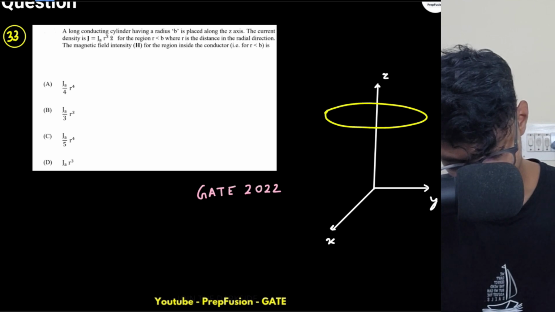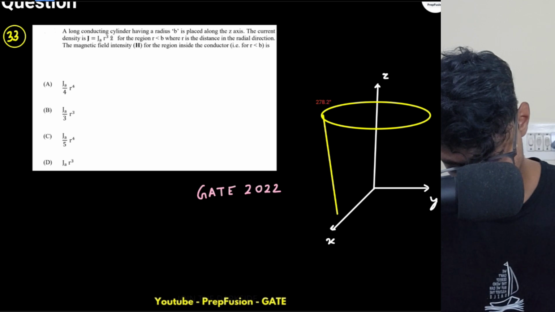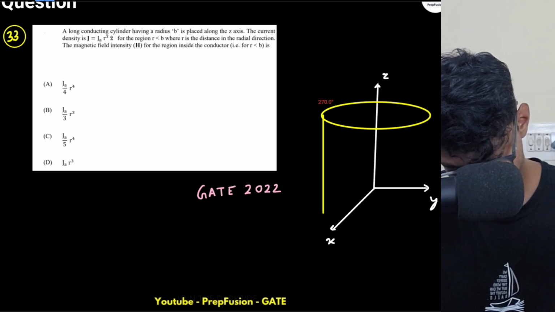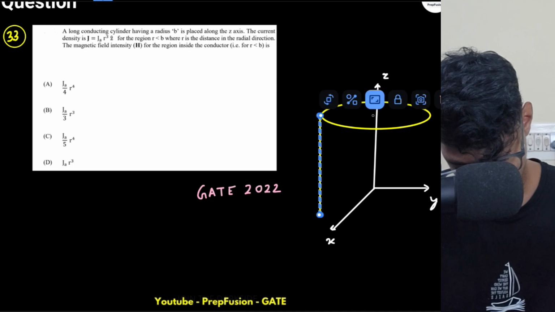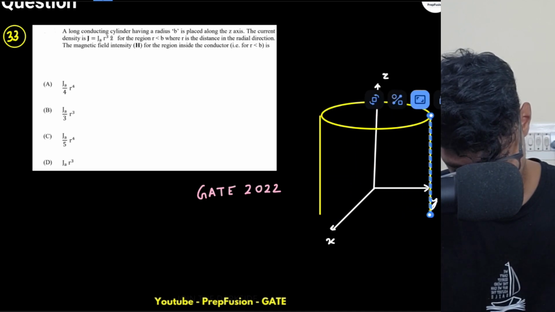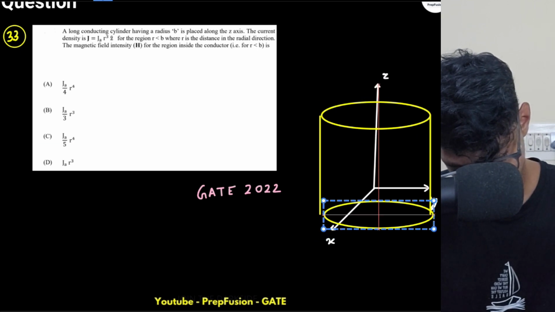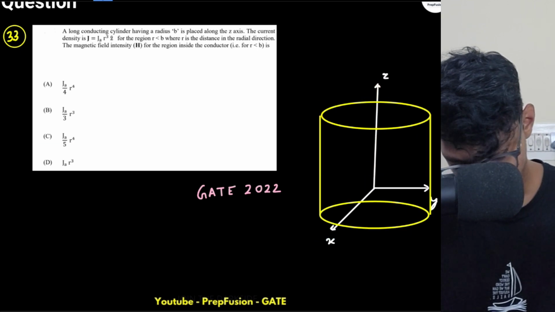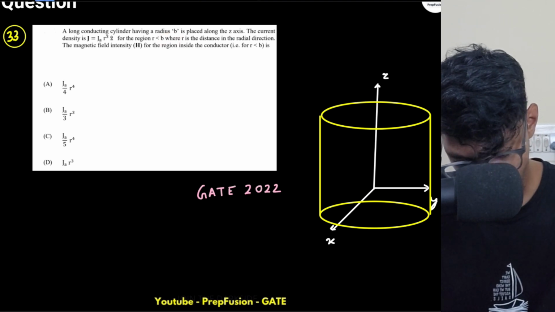I can't draw a circle that easily. Along the z-axis, correct? Having radius b, so it has a radius of b.